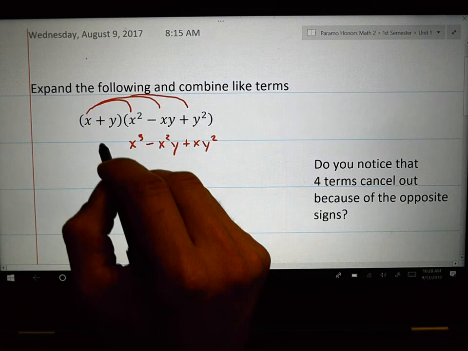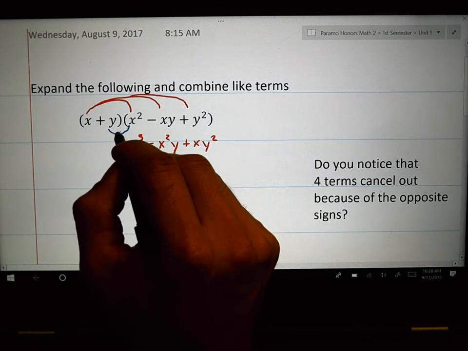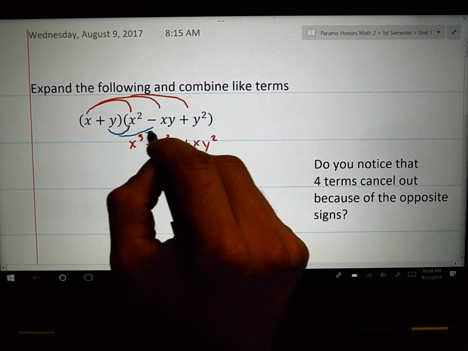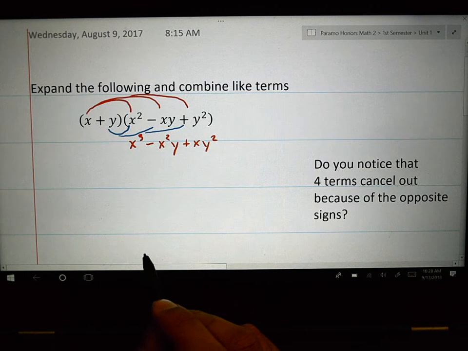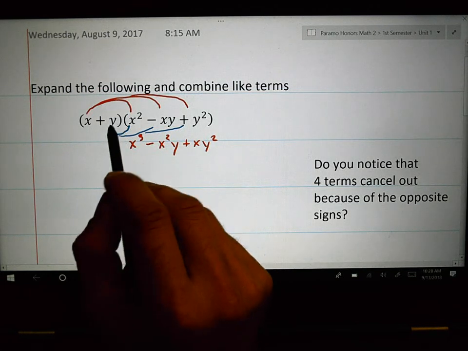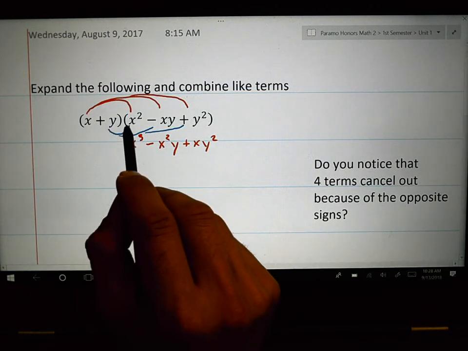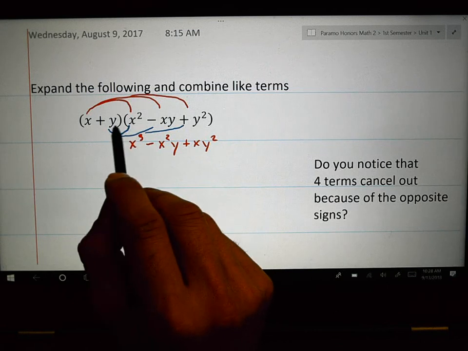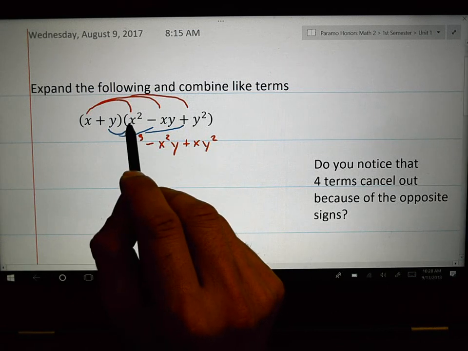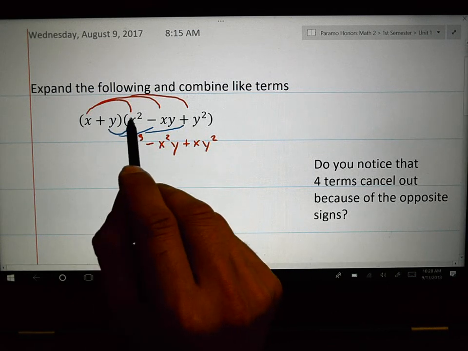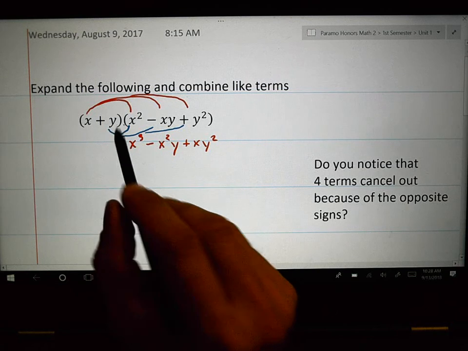The second piece, which is the y, is going to also multiply all three things. I'm going to do this in blue. When I multiply y times x squared, I can write that product in any order. So I'm going to put plus x squared y, and I'm going to keep it in alphabetical order.